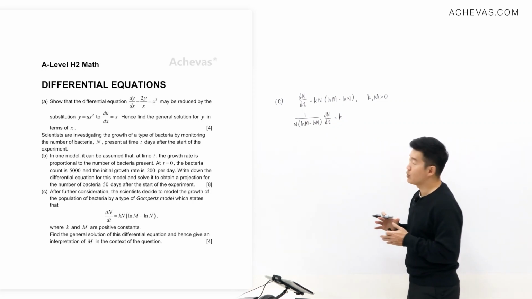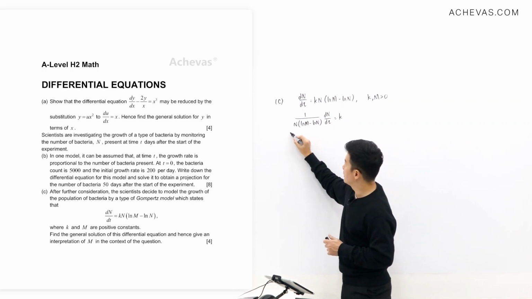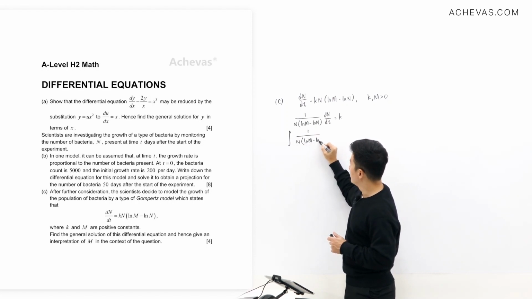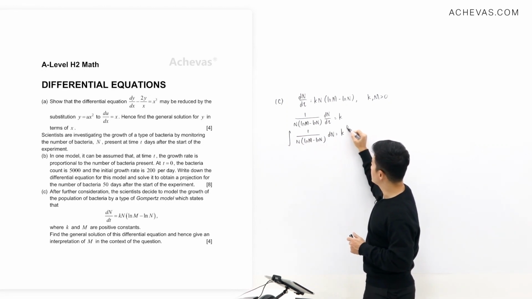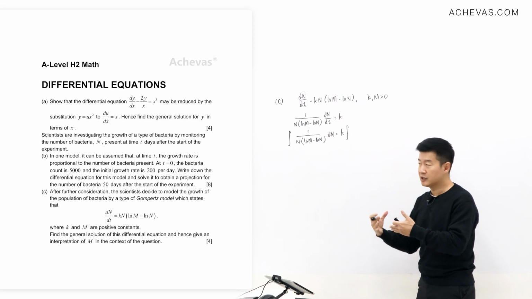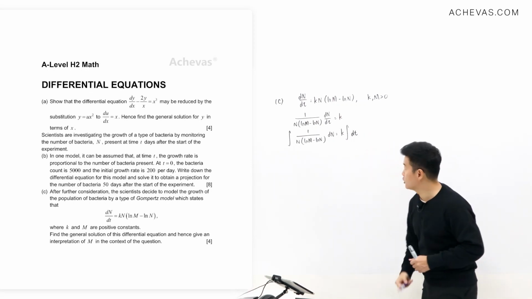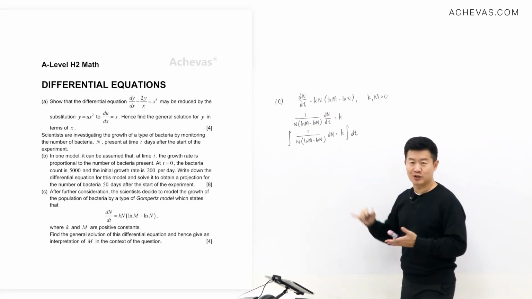And if I were to integrate both the left and the right hand side with respect to t, on the left hand side, it will be reduced to this 1 over n ln m minus ln n dn is equal to k, which is a constant. I took it out of the integral, and we will be just integrating 1 with respect to t. And I think this is easy, right? Integrating this is just going to be t.